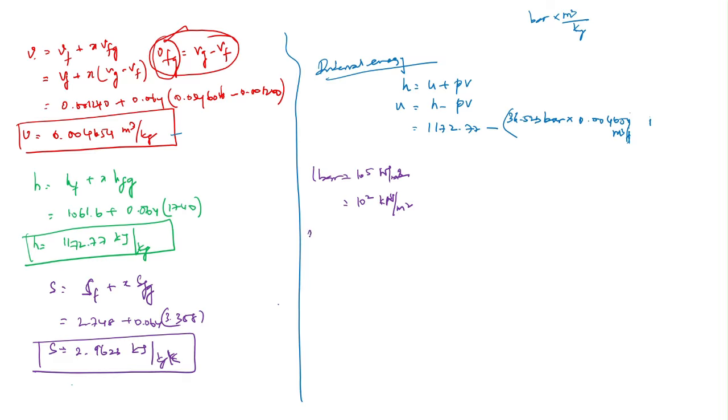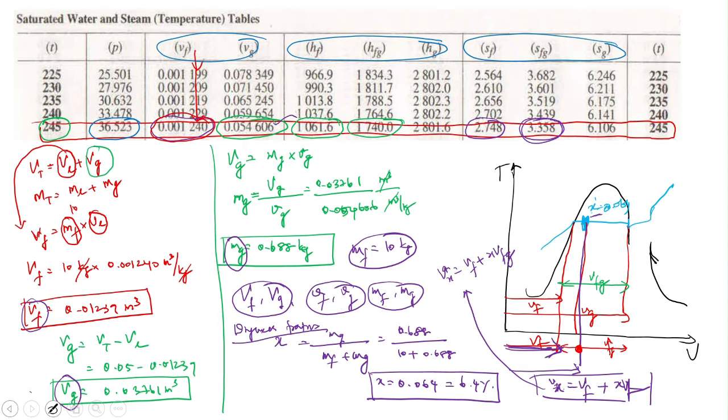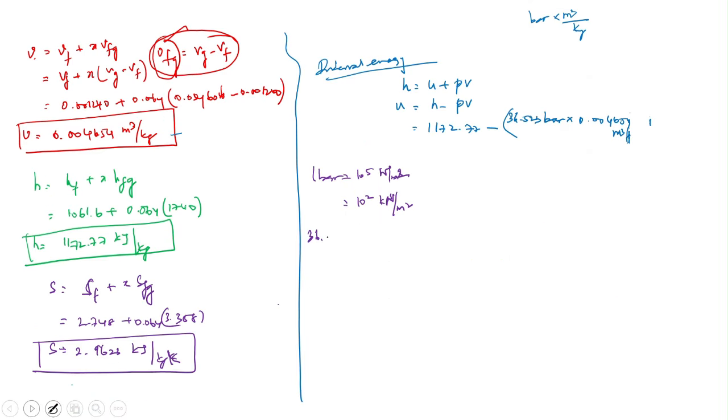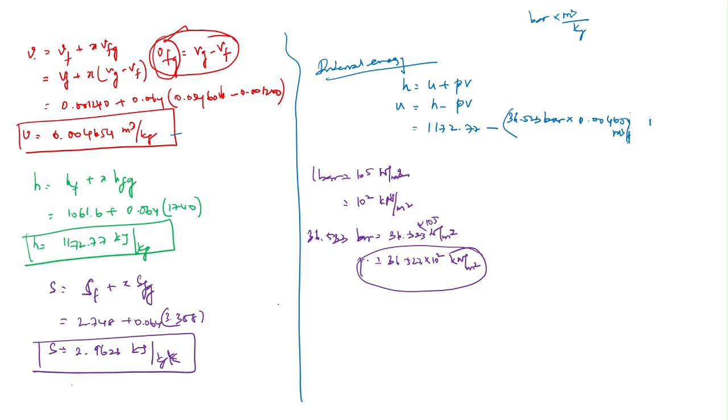So 36.523 bar is equal to 36.523 into 10 to the power of 2 kilonewton per meter square. This is the value you are going to substitute for the pressure.